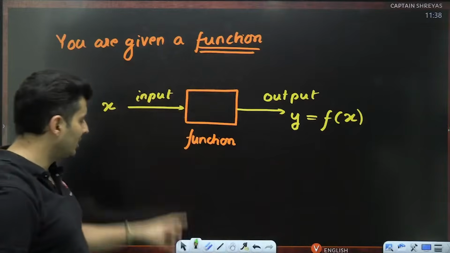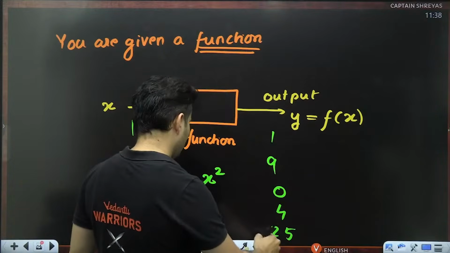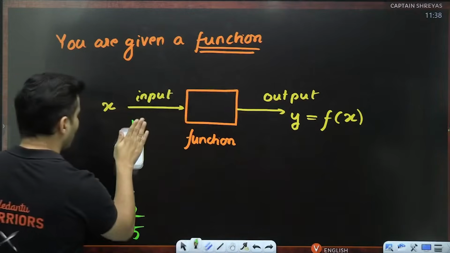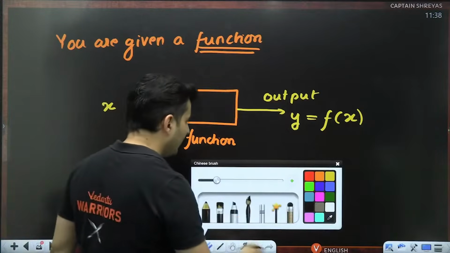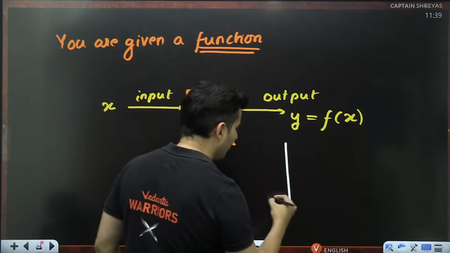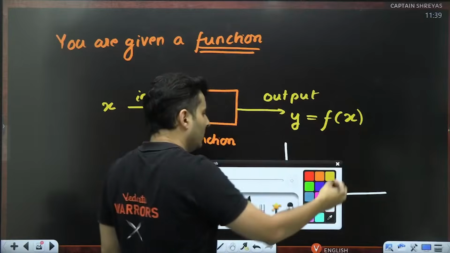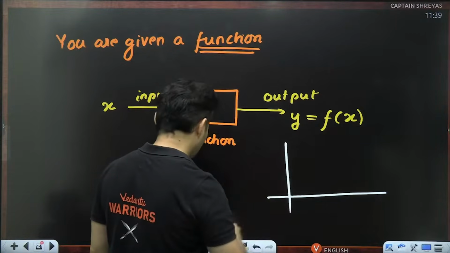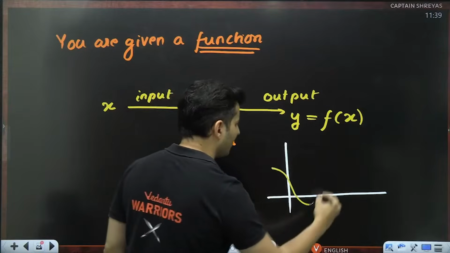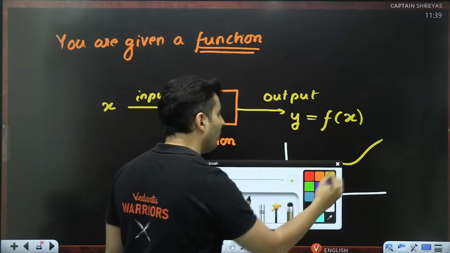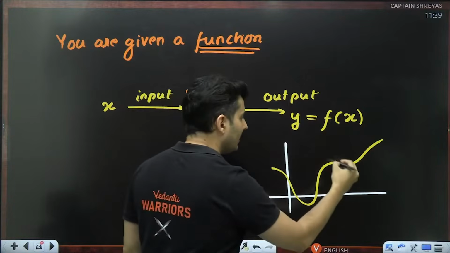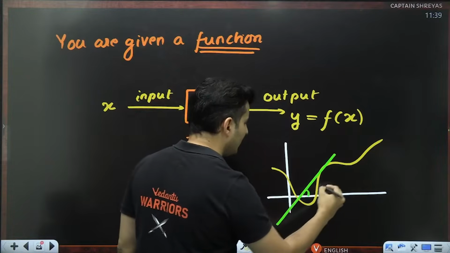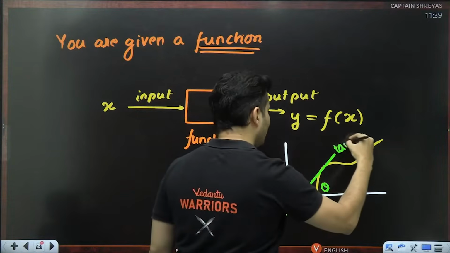If I know the function, then 100% that function will also have some graph, which I do not know how it will be, but some graph will be there. Okay, I'm just showing some random thing. If I want to find the derivative, that means I basically draw a tangent, and this is theta, this is the tangent to the curve.